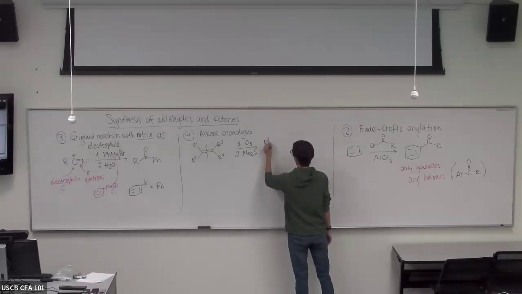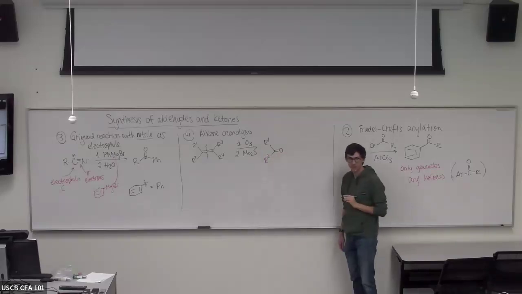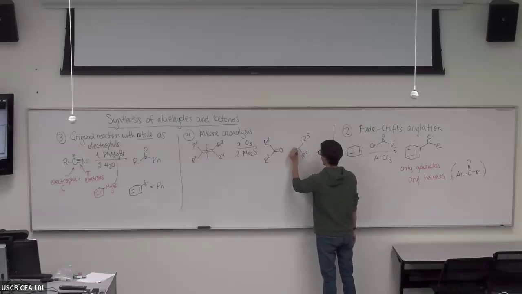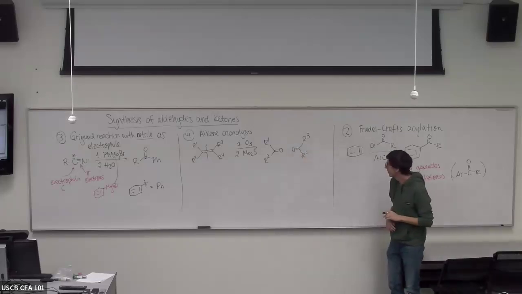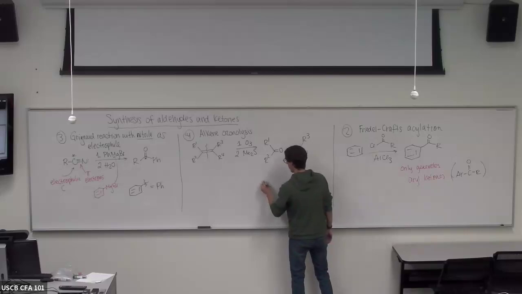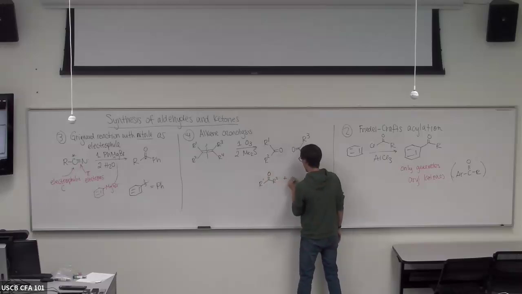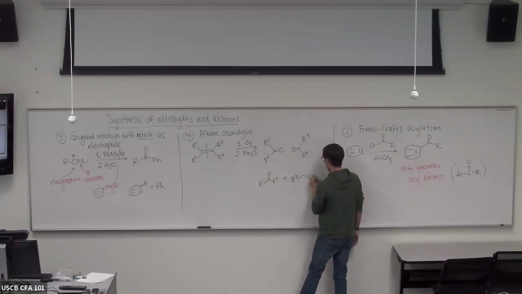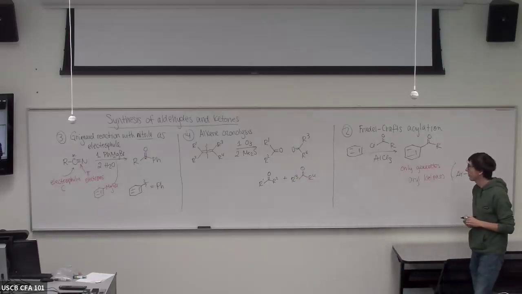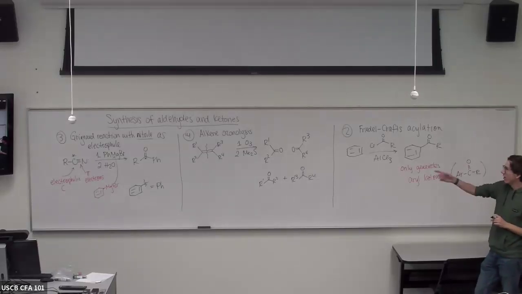So R1, R2, oxygen, R3, R4, oxygen. If you want to flip those around, those are the two ketones that you get from an ozonolysis.